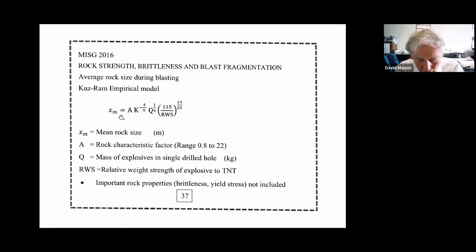So the mean is what we've got to calculate, and they use this formula. Q is the mass of explosives in a single drilled hole. RWS is the relative weight strength of explosive to TNT, to this power. This constant here runs from 0.8 to 22.